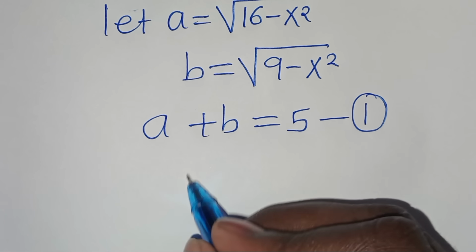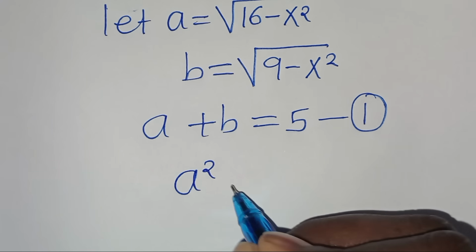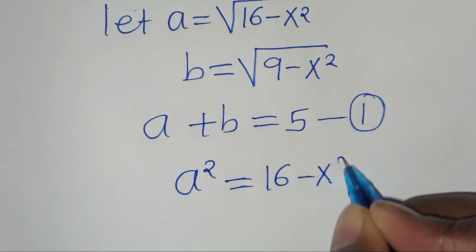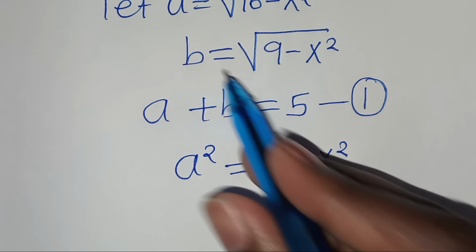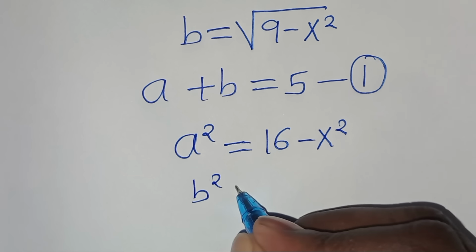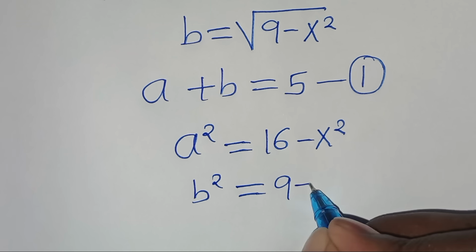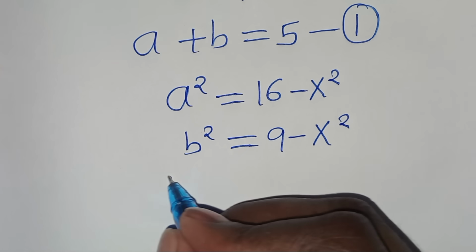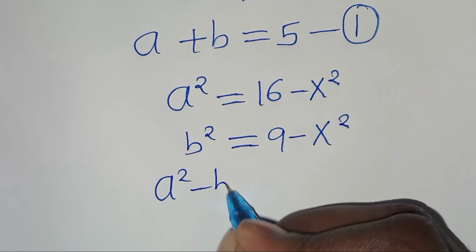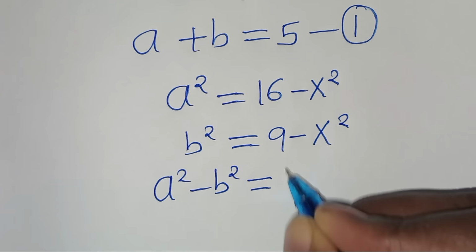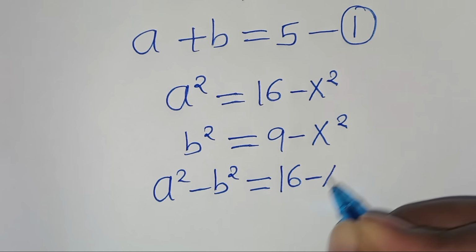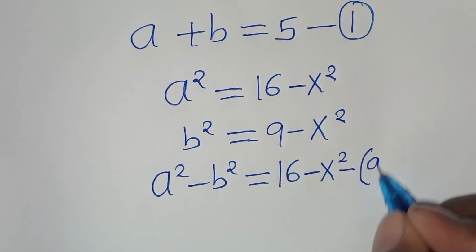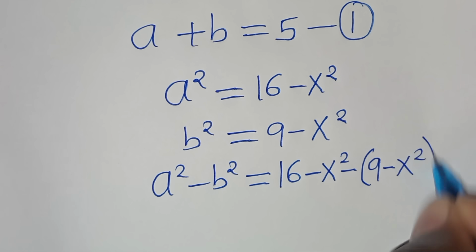Now, we have that a to the power of 2 is the same thing as 16 minus x to the power of 2, and we have that b squared is the same thing as 9 minus x to the power of 2. So a squared minus b squared is the same thing as 16 minus x to the power of 2 minus, in parentheses, 9 minus x to the power of 2.